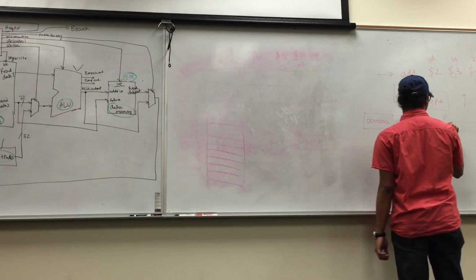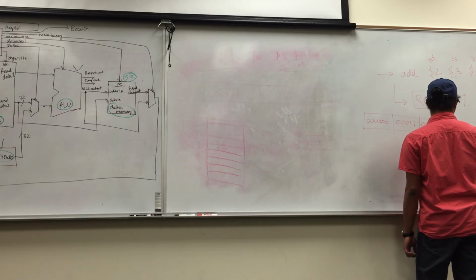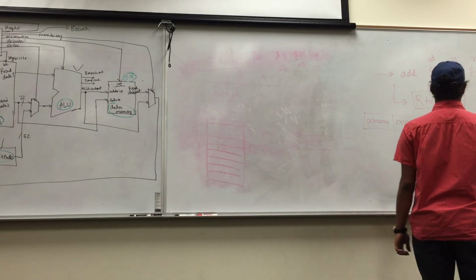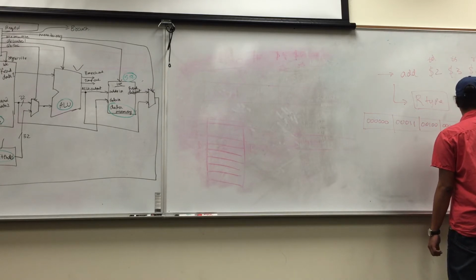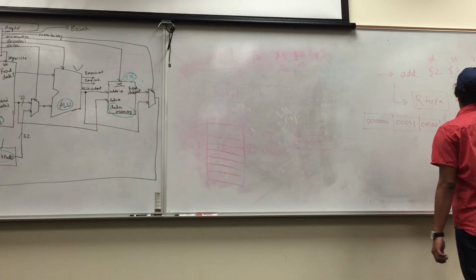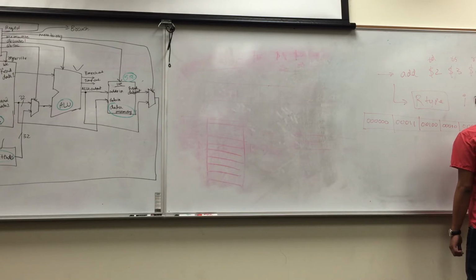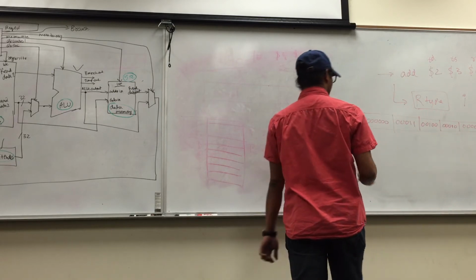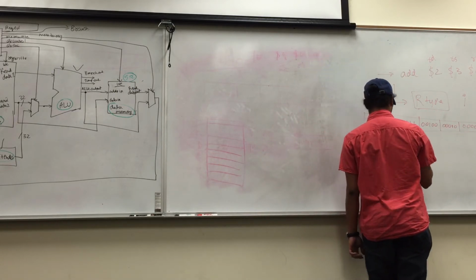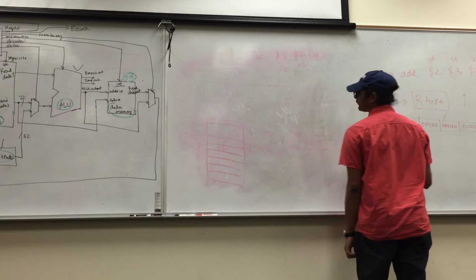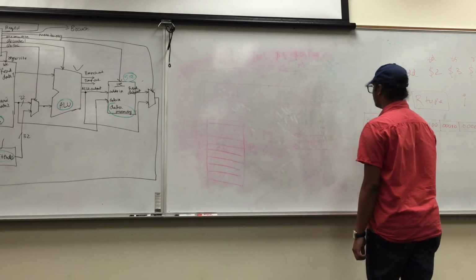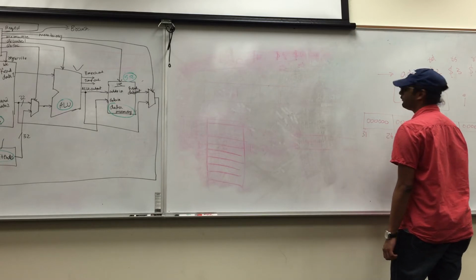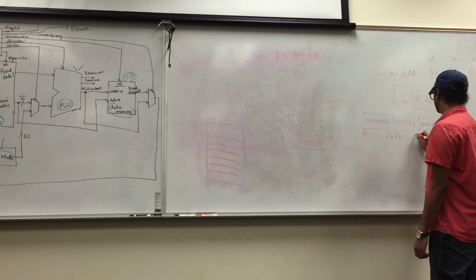RD is 0, 0. Add is 1, 2, 3. Okay. So this is 31 to 26, 25 to 21.